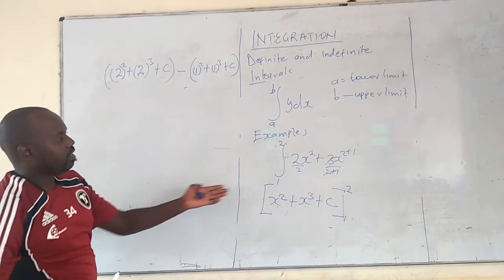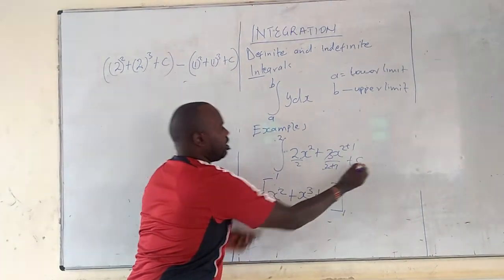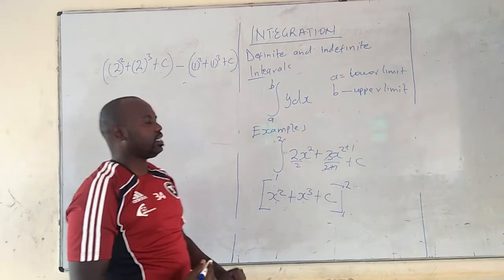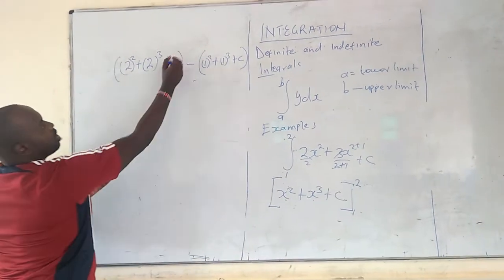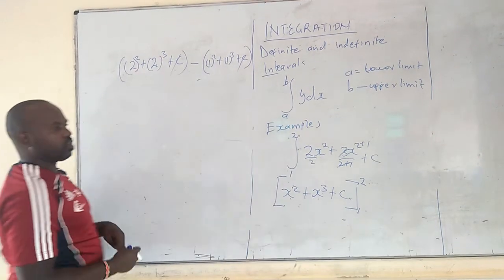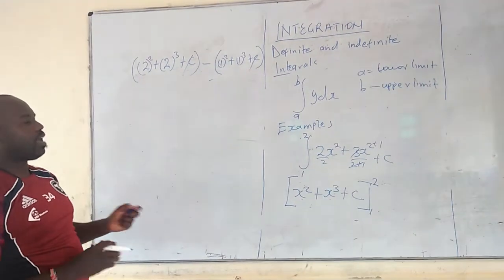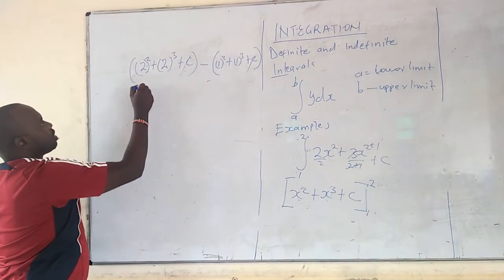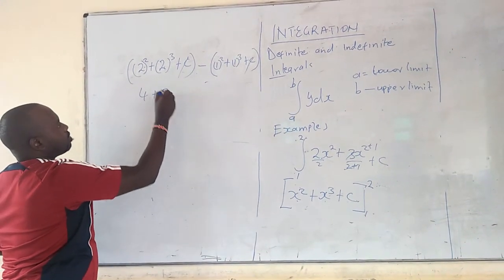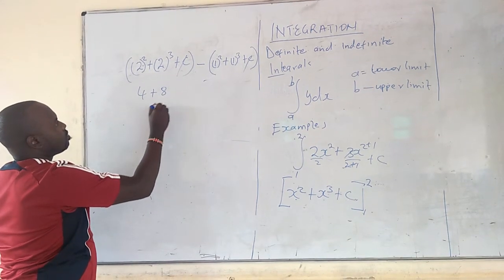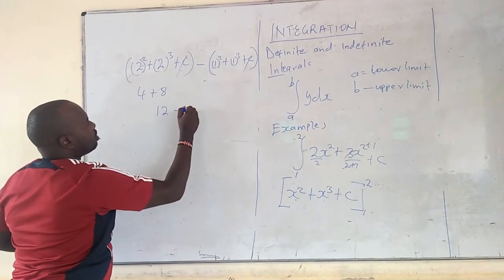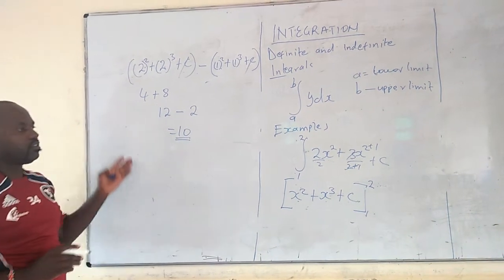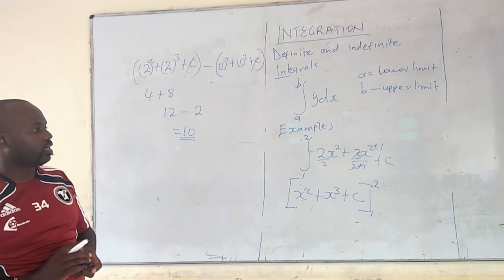That's why I said it's not important you write the c when it is a definite integral. The c is only important when you have an indefinite integral, because you are going to cancel it out. Again, it is not a crime when you write it. This will give us 4 plus 8, which is 12, minus 2, which gives us 10. That is what happens to a definite integral.